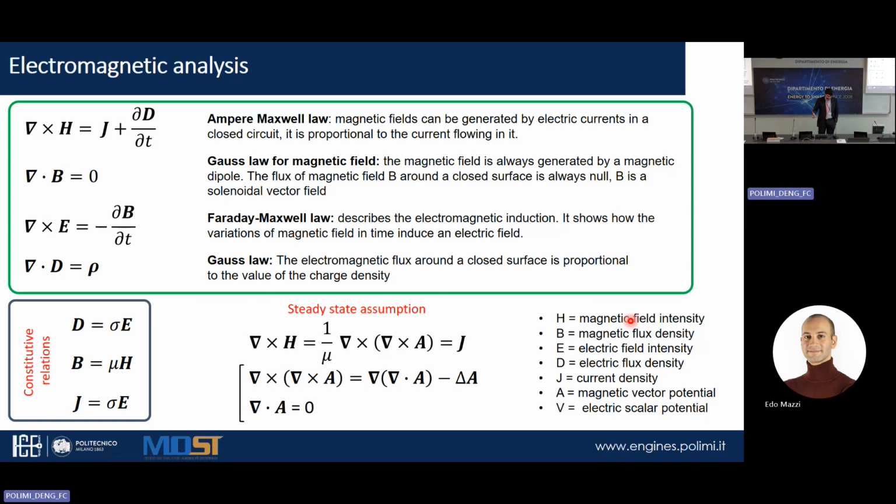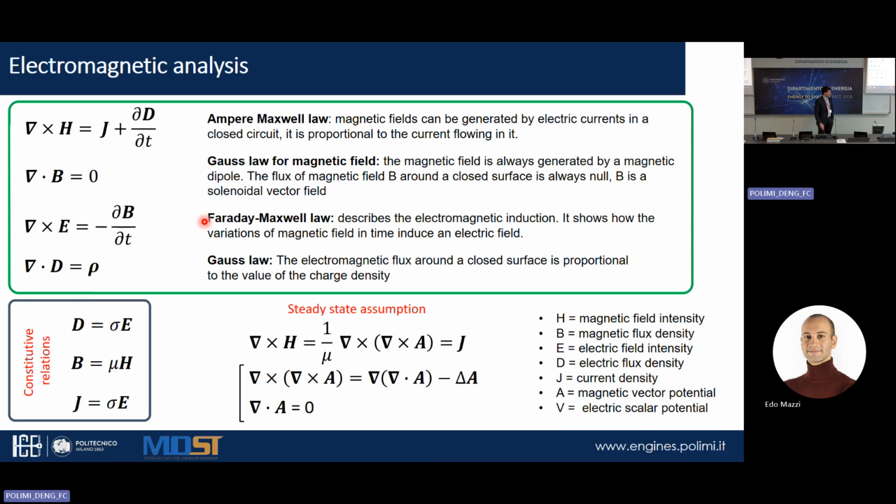So we saw the set of Maxwell equations, and these are basically the set from which we started, in which we have a relationship between the magnetic field intensity, the magnetic flux density, the electric field intensity, and the electric flux density.